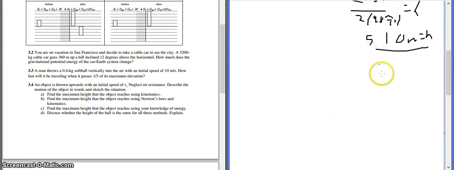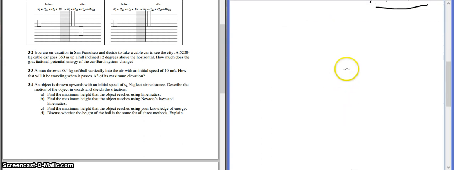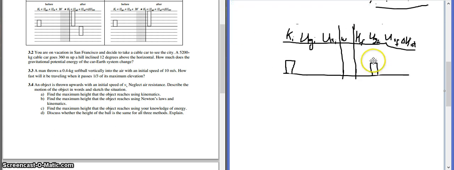So I say we redraw the graph. Cool. So now we have our graph again. And this time we're going to be looking for when the ball is at 1/3 of its maximum height. So the before will be exactly the same, at the exact same moment.